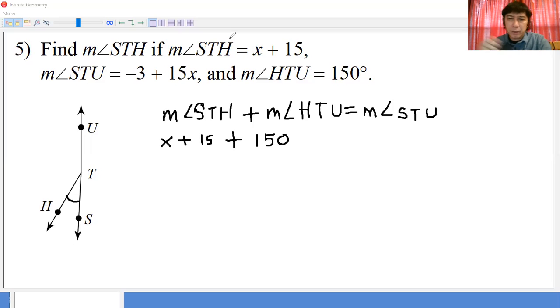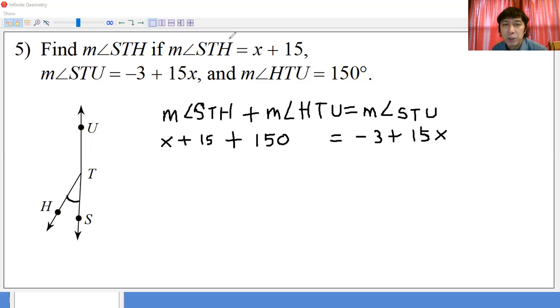That's HTU, and this equals the measure of STU. It's another algebraic expression, and that should be -3 plus 15x there. Okay, we have now a linear equation in x.